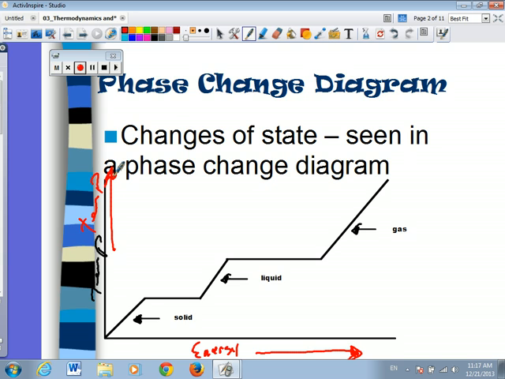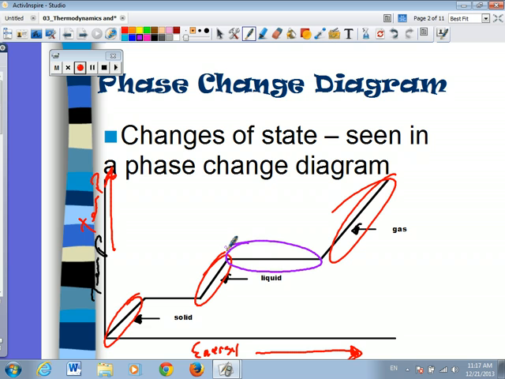There are two distinct things going on here, and we need to look at these diagonal areas. What's happening there? Just follow it over to the y-axis, because there you're having temperature changes. And the other interesting thing is what's going on in these flat spots.